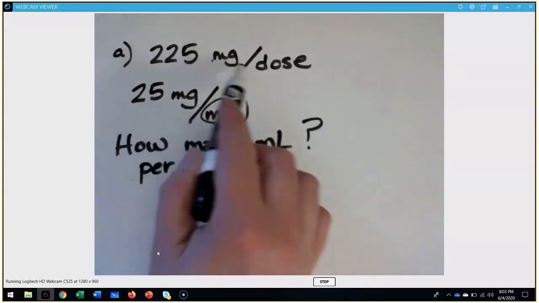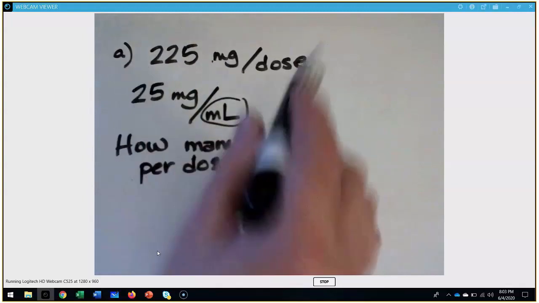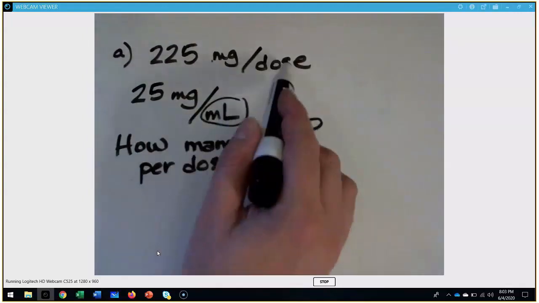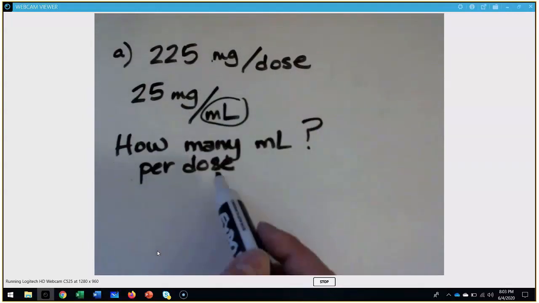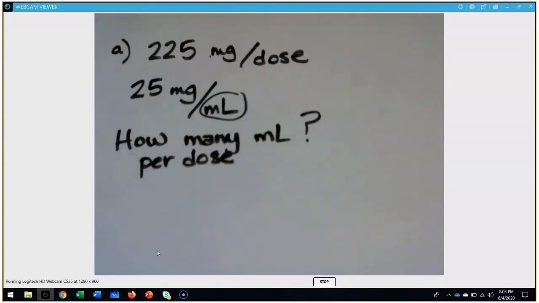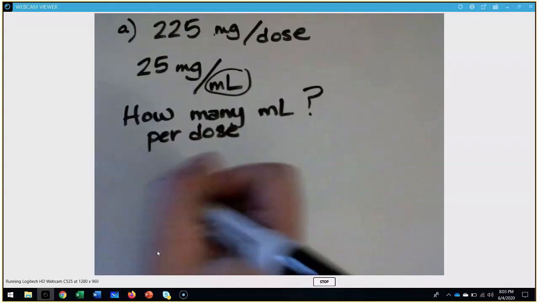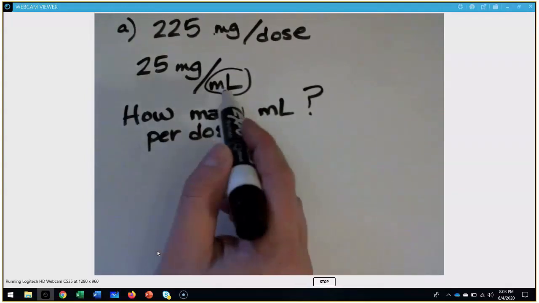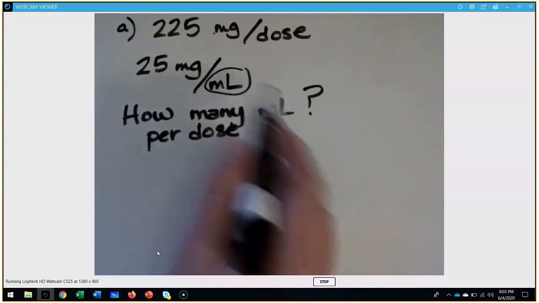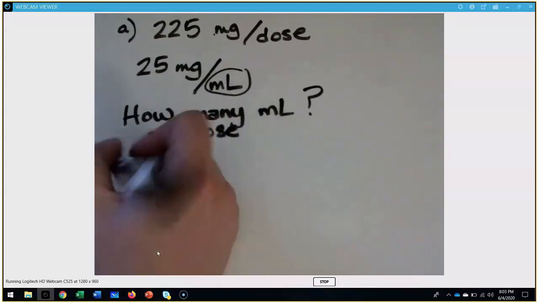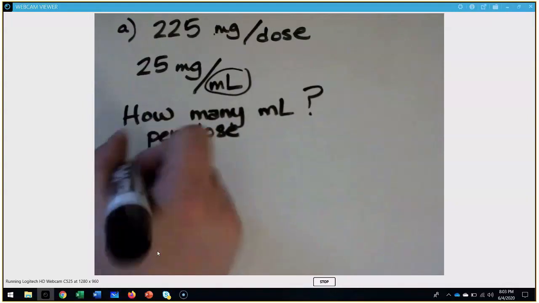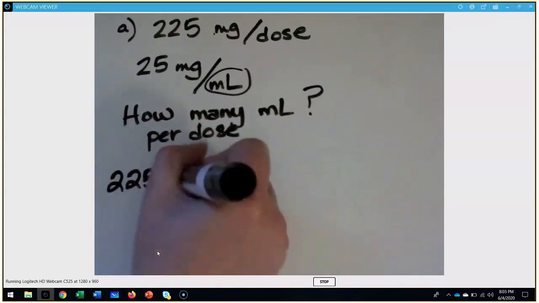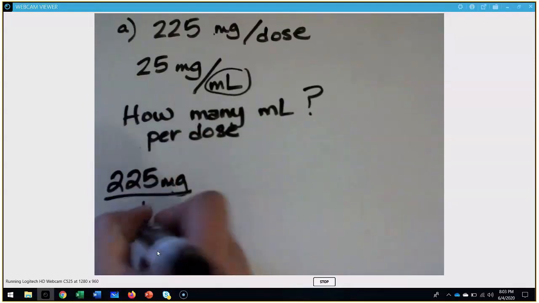And that's why I'm going to work with the information we got before. I'm not going to go back to the information per day, because I need it per dose to answer the question. Okay, so here's how I would start it then. If I need to end in milliliters, then I need milliliters to be in the top, and I need to cancel milligrams. So this is how I would set it up. You could do this in a couple different ways.